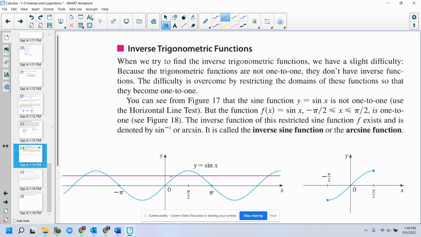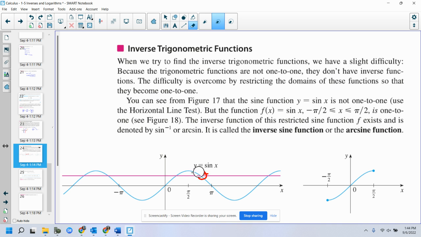Look, sine x is not one-to-one because it hits here and it hits here, right? That means the inverse of sine is technically not a function. Now, how do we change it so that this difficulty is no longer an issue? The difficulty is overcome by restricting the domain of the functions so that they become one-to-one.